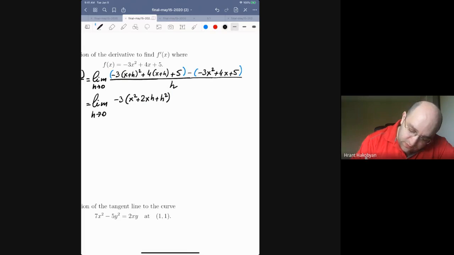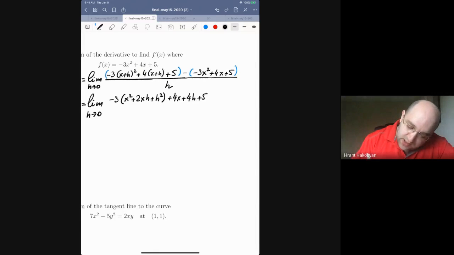Then I have plus 4x plus 4h, that's this part here, where I distributed 4. Then I have plus 5. So that's everything in the first blue parenthesis. And then I'm going to subtract the second parenthesis.